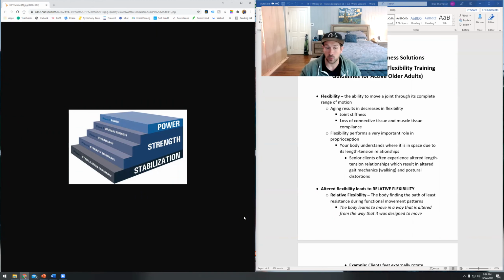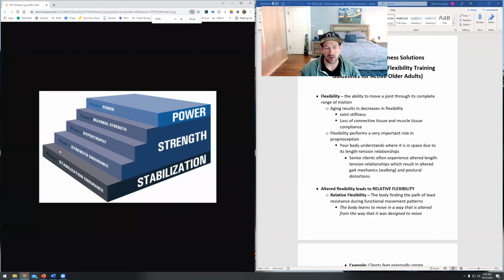And there's going to be rules for which exercises you are going to choose depending on which type of client you've got. So think of the OPT model as like a cycle, right? You would start by building the foundation, and then you would build upon that foundation, and then you would put the peak roof type stuff on top, right?